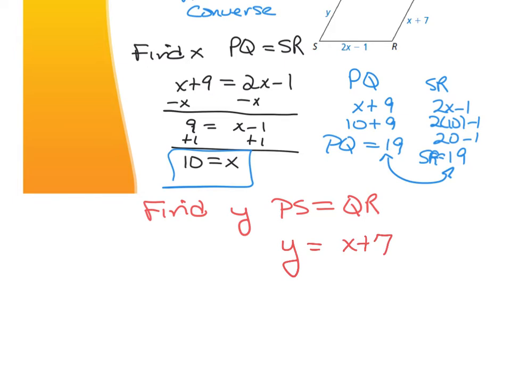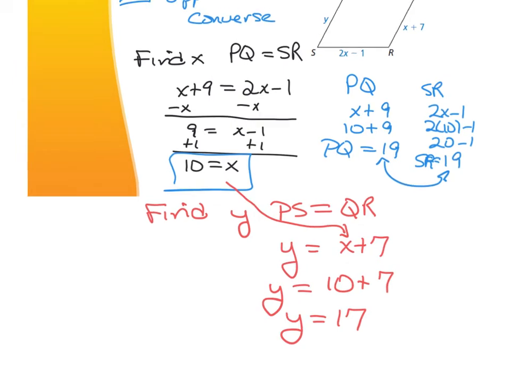Now you might look at this and you're like, oh my goodness, there's 2 variables. What do I do? Well, we're going to take the value of x that we just found, which was 10, and we're going to put a 10 in here. So y is equal to 10 plus 7. Y equals 17.